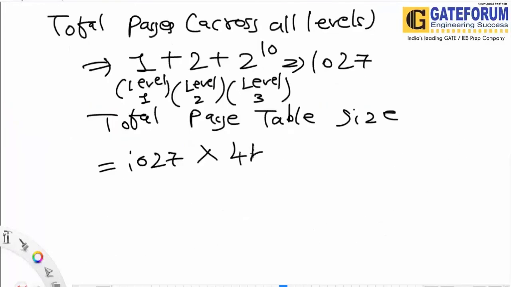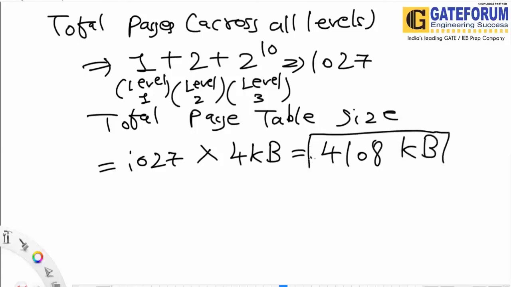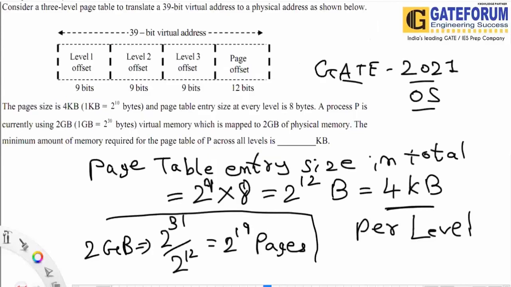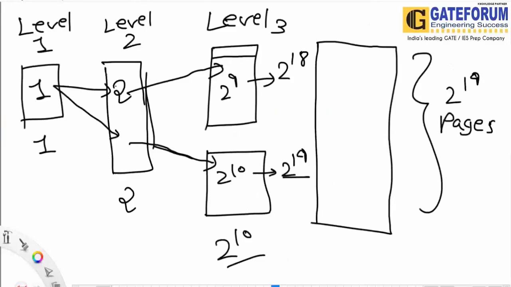If you multiply this way, you will get the answer, which is 4108 KB. This would be your answer, the total size across all the levels for that page. Kindly understand this concept, it is very simple.